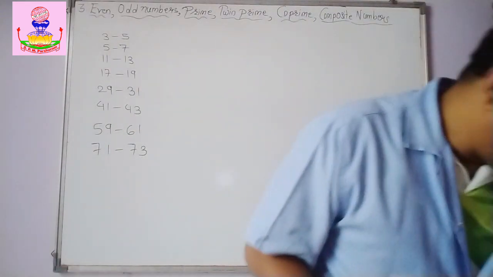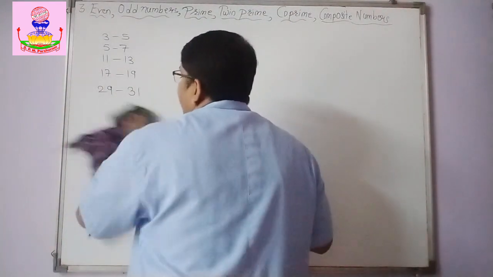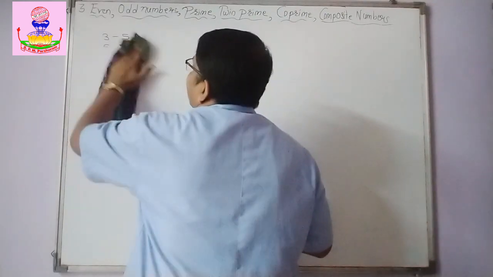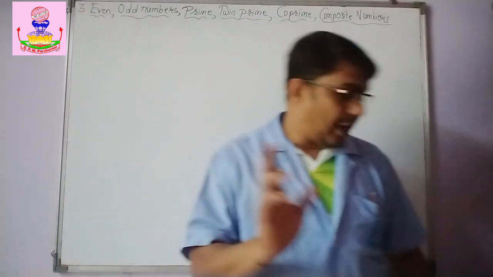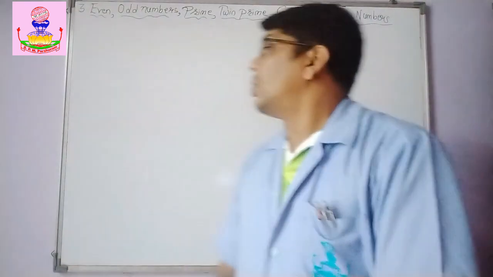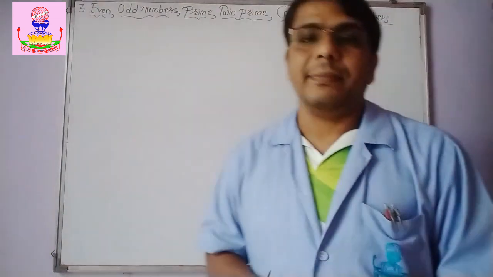Then coprime numbers. Okay, now what are coprime numbers? The numbers which have only one as the common factor between them are called coprime numbers or relatively prime numbers.